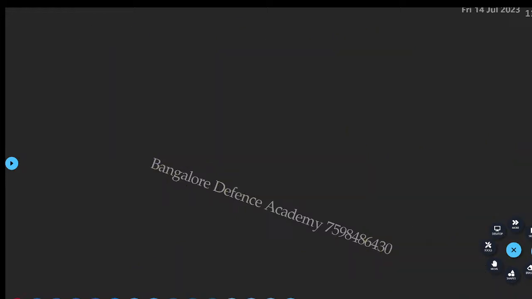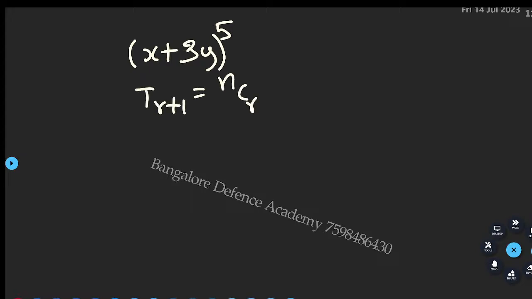For example, imagine I give you (x plus 3y) to the power of 5. What is the formula for T(r+1) = nCr x to the power of n minus r into a to the power of r?